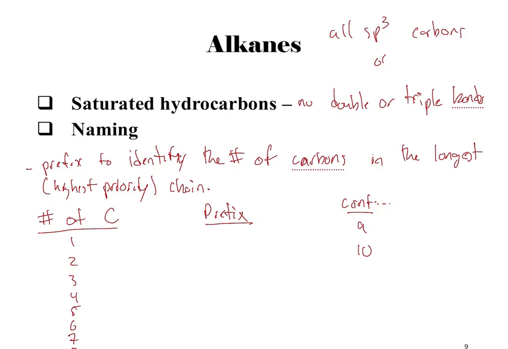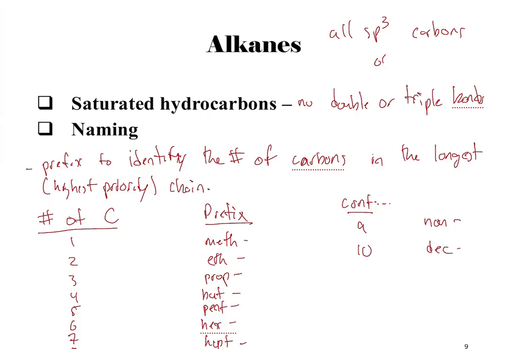The prefix for 1 carbon is meth, the prefix for 2 is eth, the prefix for 3 is prop, prefix for 4 is but, 5 pent, that one's nice, 6 hex, that one's also nice, 7 hept, oct for 8, and then 9 is non, and then 10 is dec.